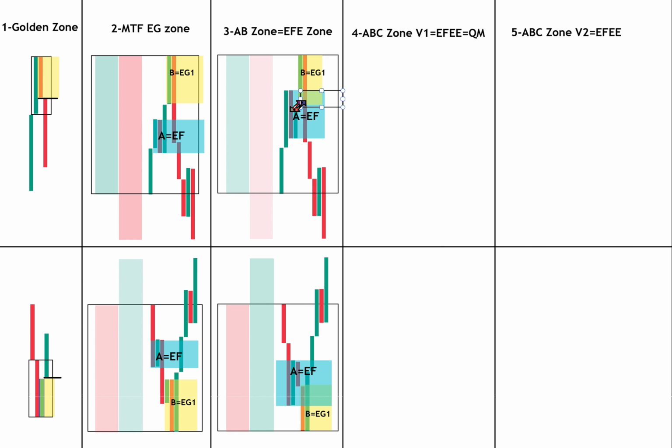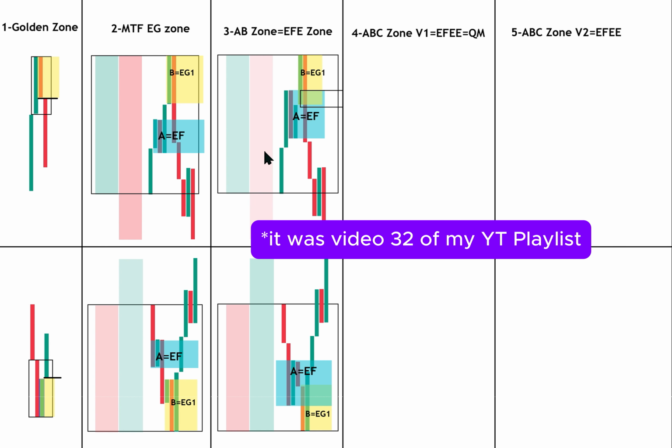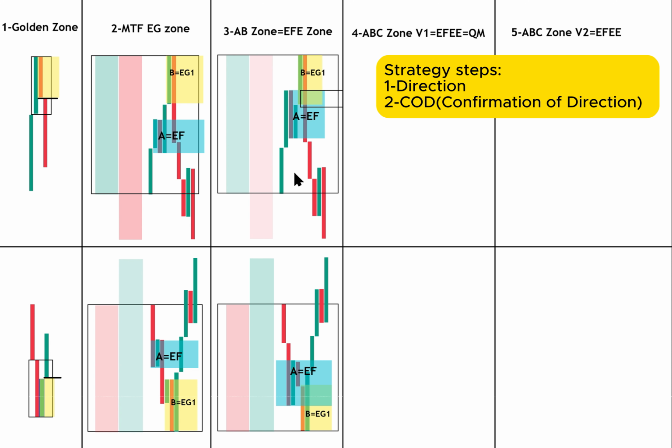As you remember from the previous step, if you don't know what I'm talking about, you have to go back to the overall strategy. I think it was video 31 or 32, I don't remember exactly, about the engulfing system. First, we were supposed to find the direction. After the direction is confirmed, so we say, confirmation of direction.